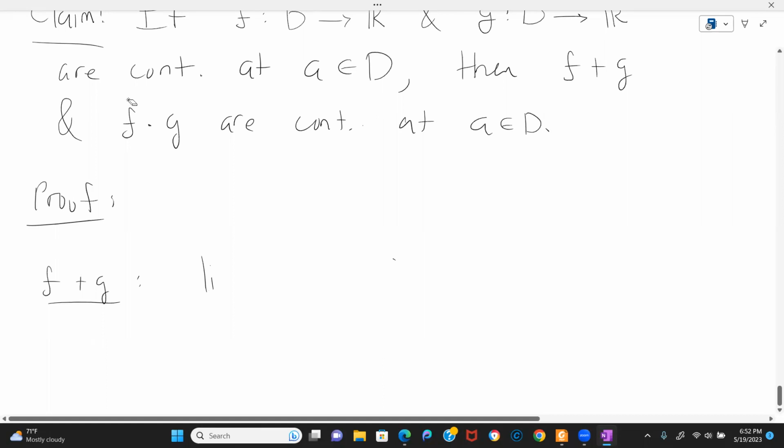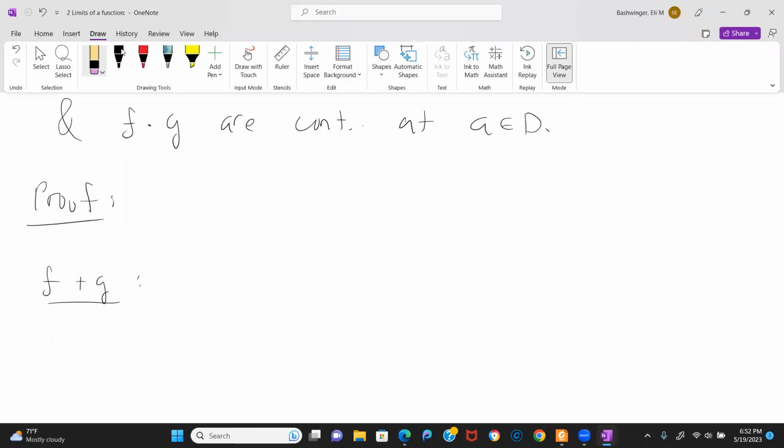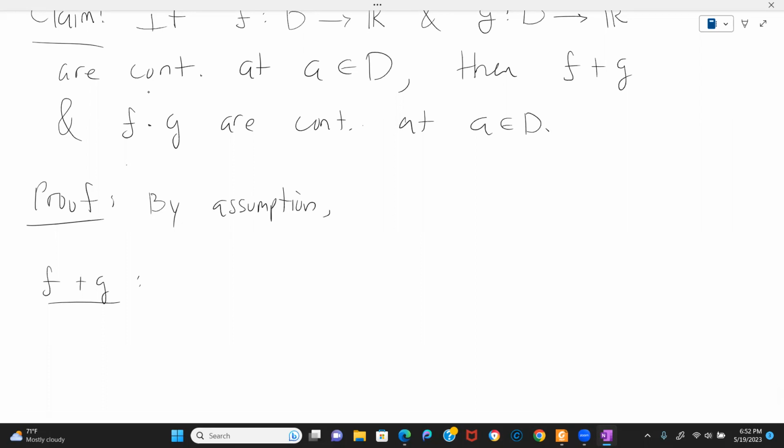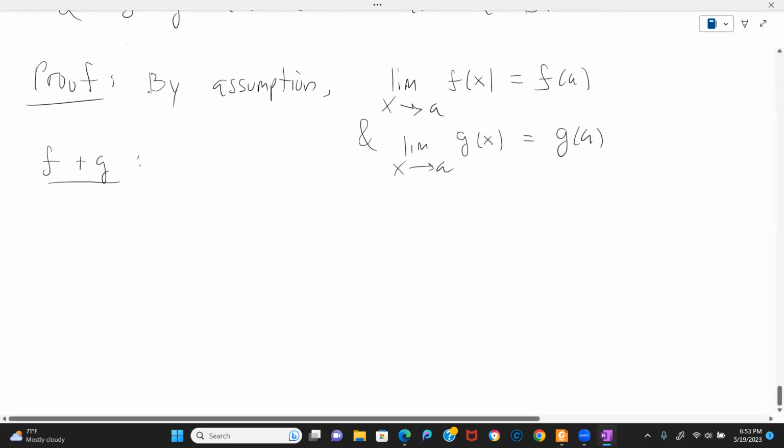By assumption, by what it means to be continuous, we know that these two equations hold. That's just the definition of continuity.